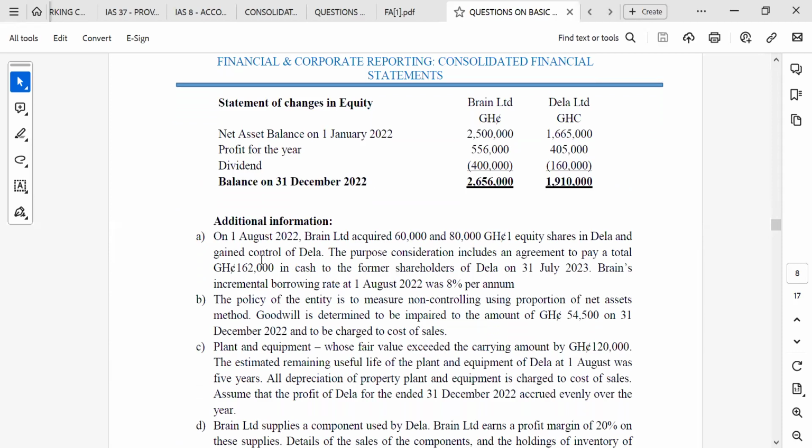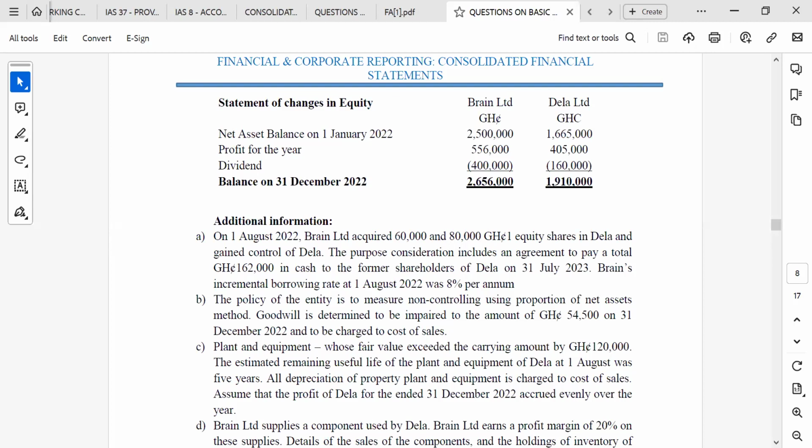On 1st August 2022, Brain Limited acquired 60,000 of the 80,000 equity shares in Dela and gained control of Dela. The purchase consideration includes an agreement to pay a total of 162,000 in cash to the former shareholders of Dela on 31st July 2023.